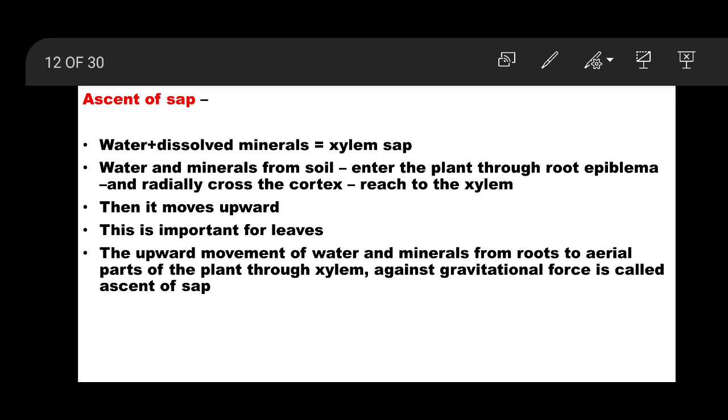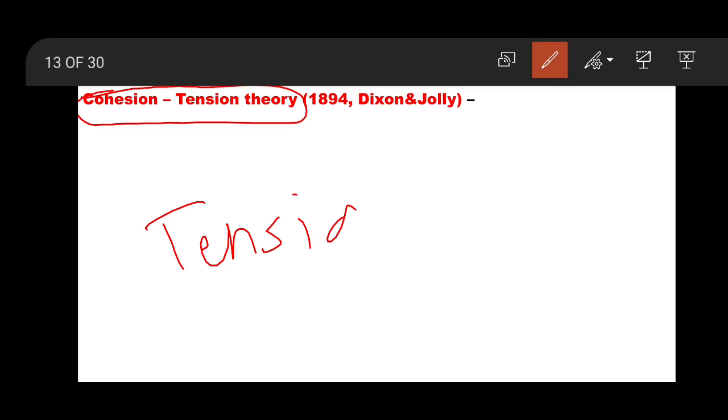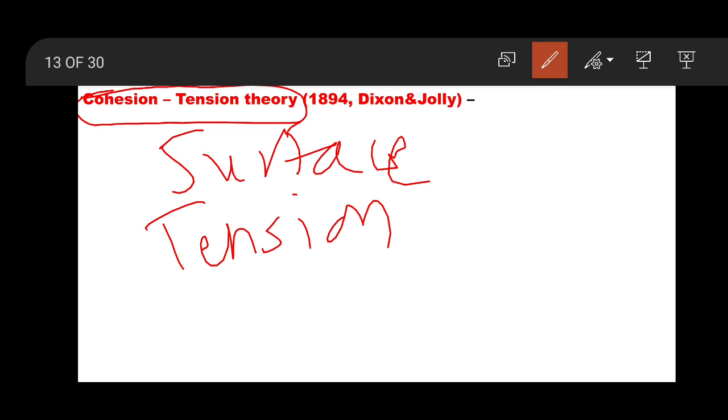So this is the introductory part, what is ascent of sap. In ascent of sap, one theory is given in your syllabus, that is the cohesion tension theory. You might have studied surface tension in physics, cohesion and adhesion; we will study that here also.